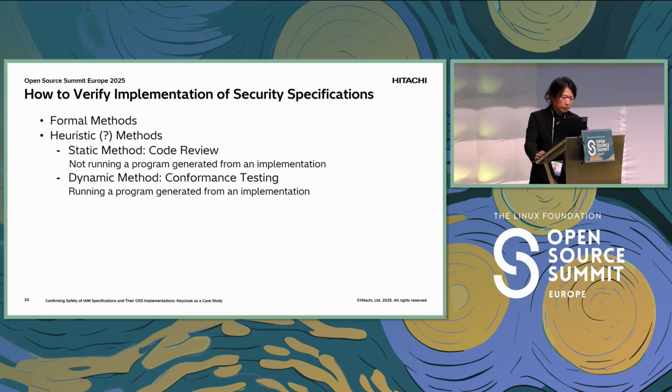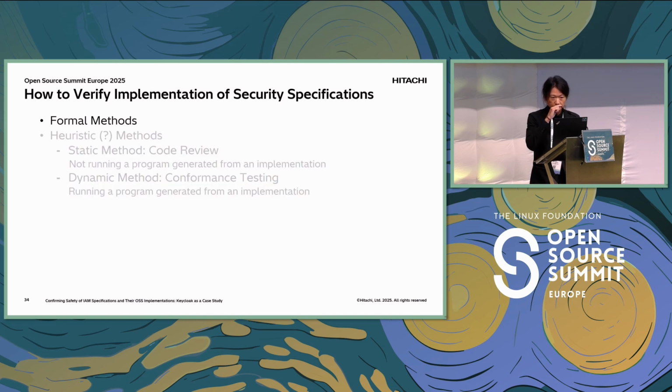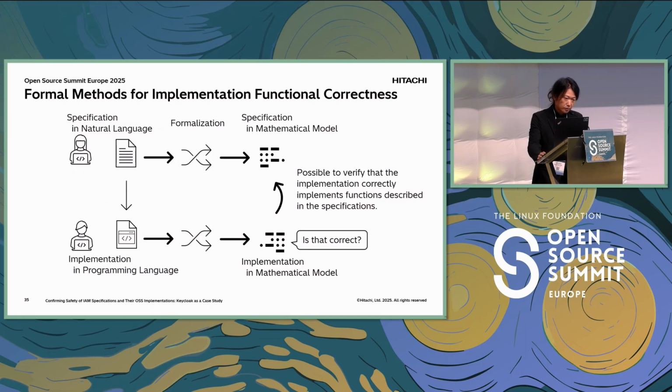Before considering conformance testing, I would like to consider other options to identify such vulnerabilities: formal method and code review as a heuristic static method. Formal methods, as briefly mentioned before, can also be applied to the specification and its implementation.